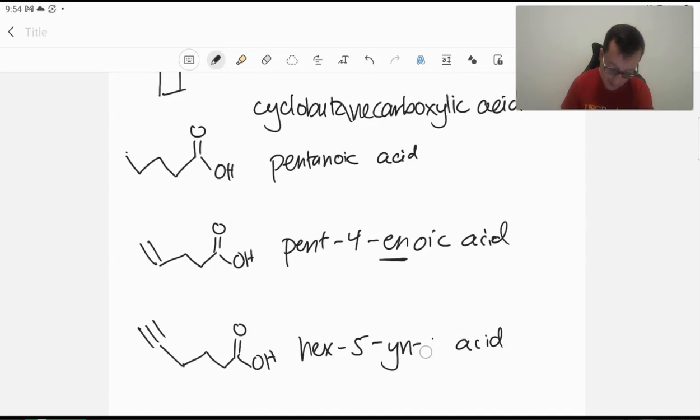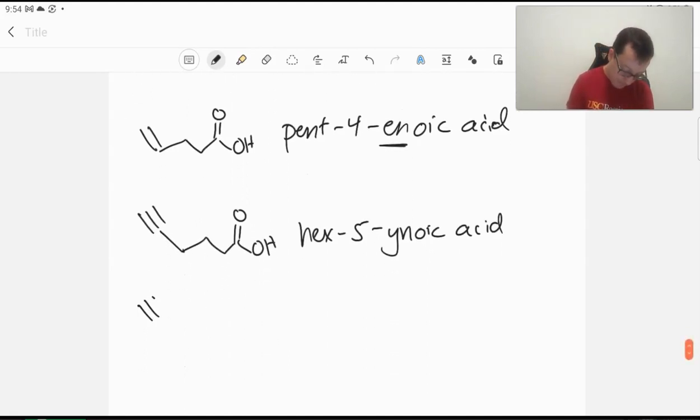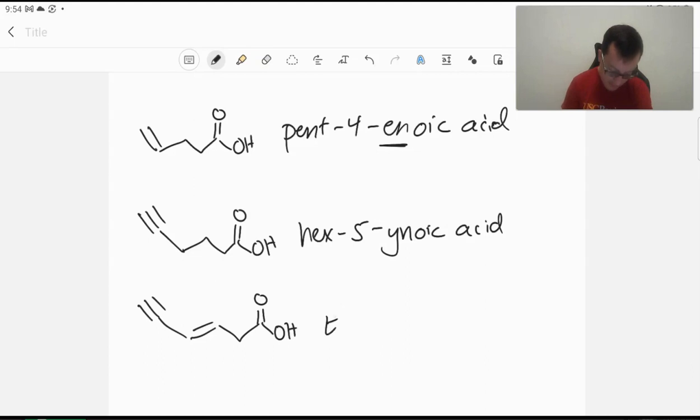So it's just like how we would name other things. If we have alkenes, we change our parent name to ene. If we have alkynes, we change it to yne. If we have both, we would say this is, let's see, 1, 2, 3, hex-3-en-5-ynoic acid.